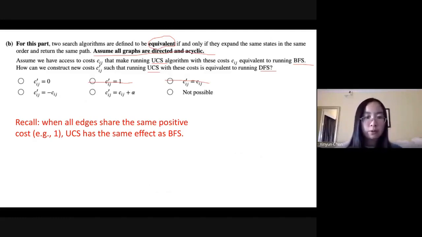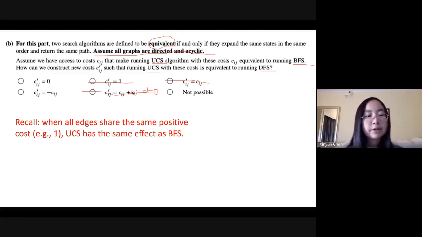This answer will also not be correct, because when we put an arbitrary alpha here, the equivalence should hold for any value of alpha. But a trivial solution is that when alpha is equal to 0, it is still equivalent to BFS, and it is not equivalent to DFS. So this is also not the correct answer.